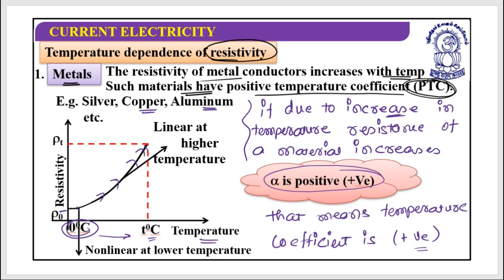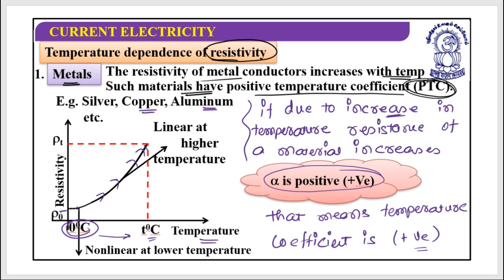And as resistivity increases, my current will decrease. So you must remember that if my temperature increases, my resistivity increases. I'm talking about the metals. And as my resistivity or my resistance is increasing, my current is decreasing.